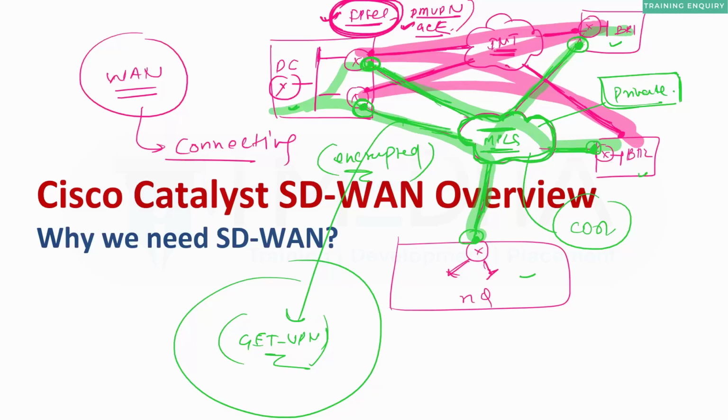Then came the concept of cloud. Then came the concept of software-defined networking. There came a lot of additional things in the market, IoT devices, for example. Humans were no longer the only users of the network. We now have IoT devices, different types of sensors, cameras, and all that.